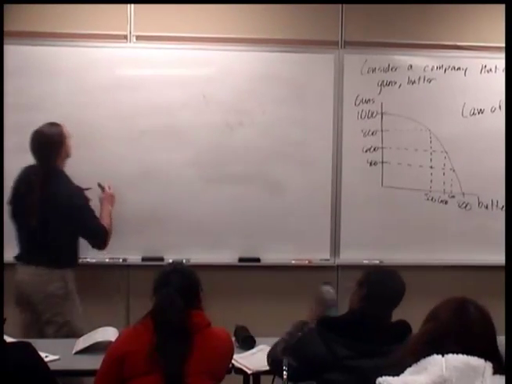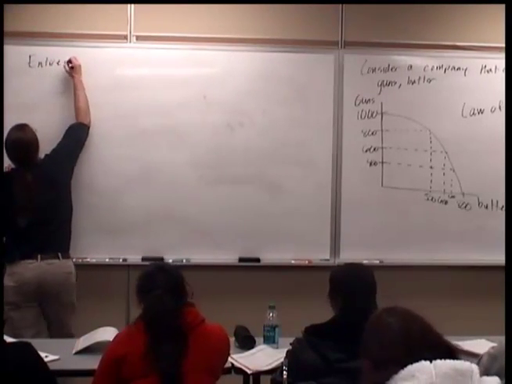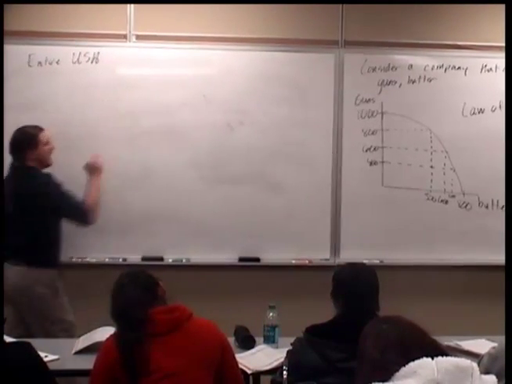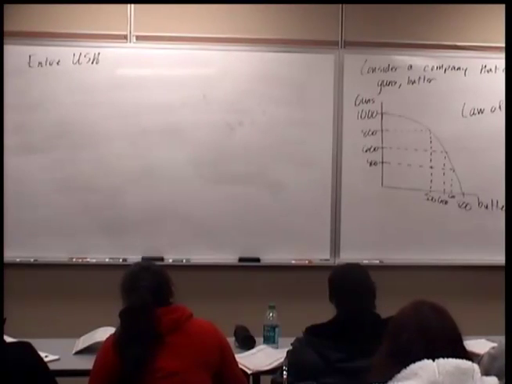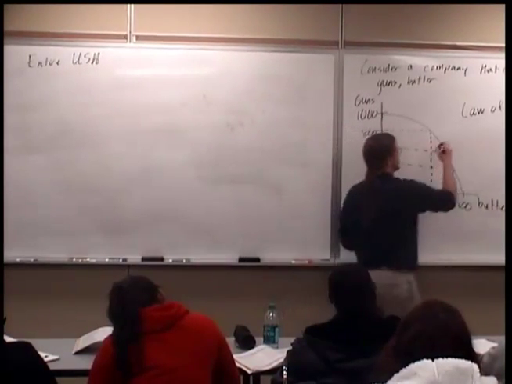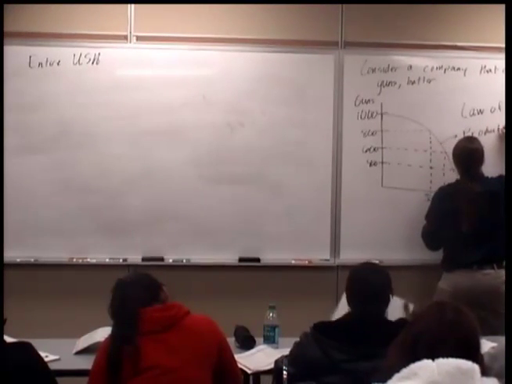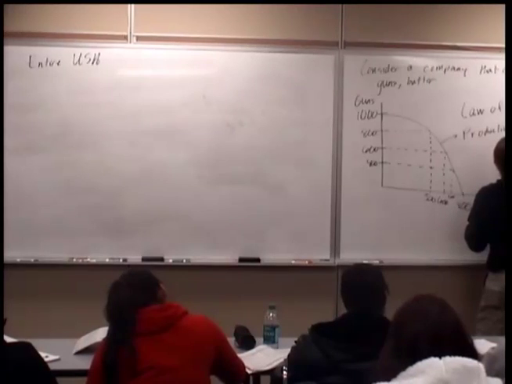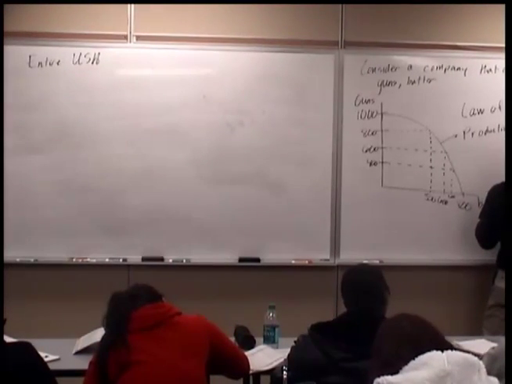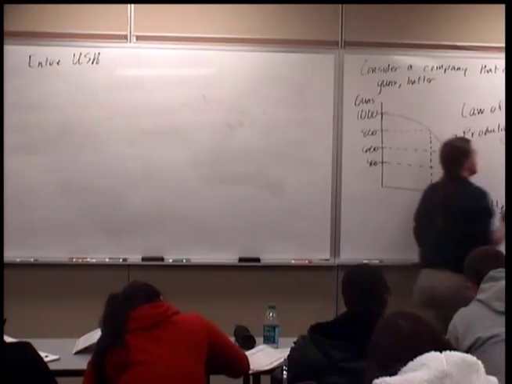So what happens if we want to do this for the entire USA economy? We want to have a graph that represents what we're producing. And just so that you know, this is what's called a production possibilities curve.